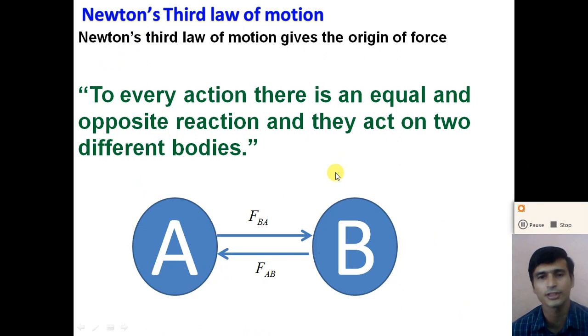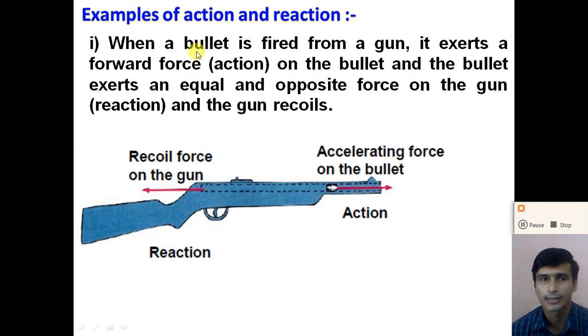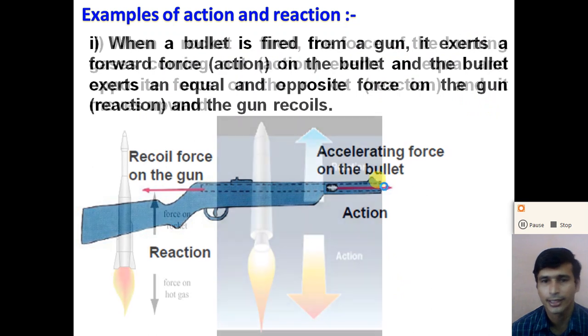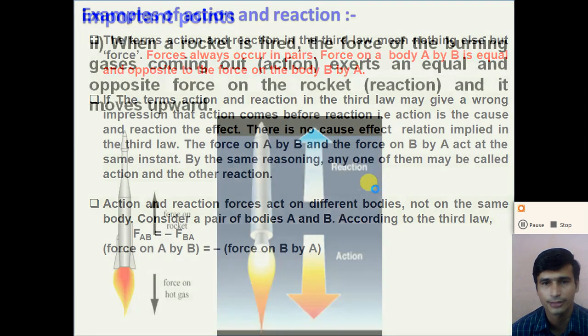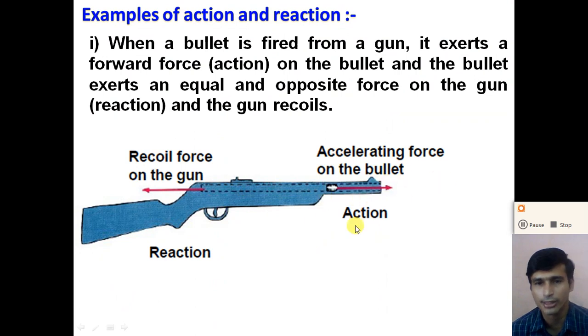Let us understand with the help of some examples. Suppose a bullet is fired from a gun: the gun exerts a forward force on the bullet and the bullet exerts an equal and opposite force on the gun. That is the recoil force of the gun, right? So if we consider the accelerating force applied by the gun on the bullet, that is the action force, and as a reaction to this, the bullet also applies a force on the gun, the recoil force, in the opposite direction.